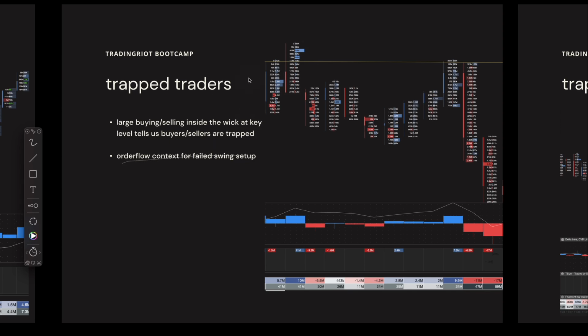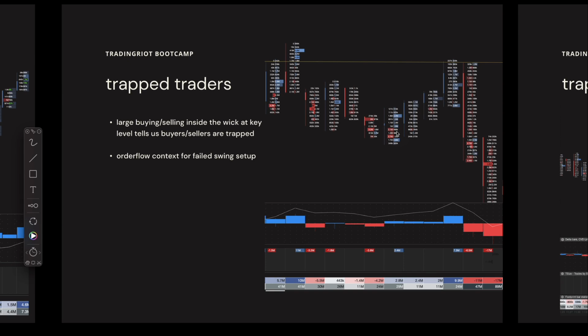Market breaks the high, the candle closes to the downside on a high positive delta, with high large buying into it. The buying all happened in the wick. This is as good as it can get when it comes to the trapped trader setup, the failed swing. This is exactly what you want to be fading and going against.